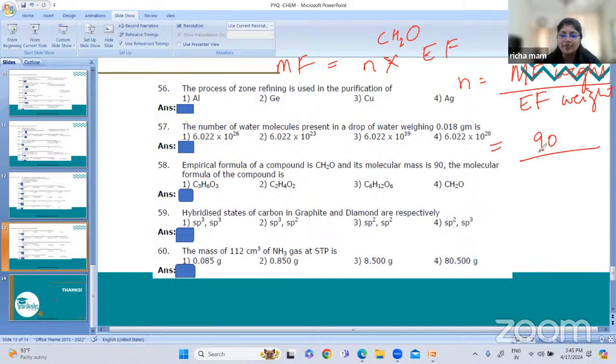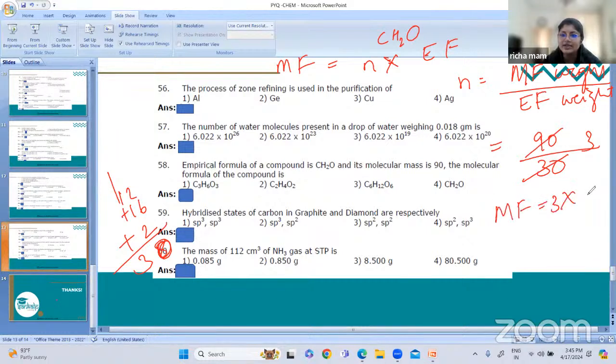Empirical formula weight is 12 plus 16 plus 2, which is 30. So n is 3. So molecular formula is 3 into CH2O, so it is C3H6O3. Are you getting the same? So option number 1.